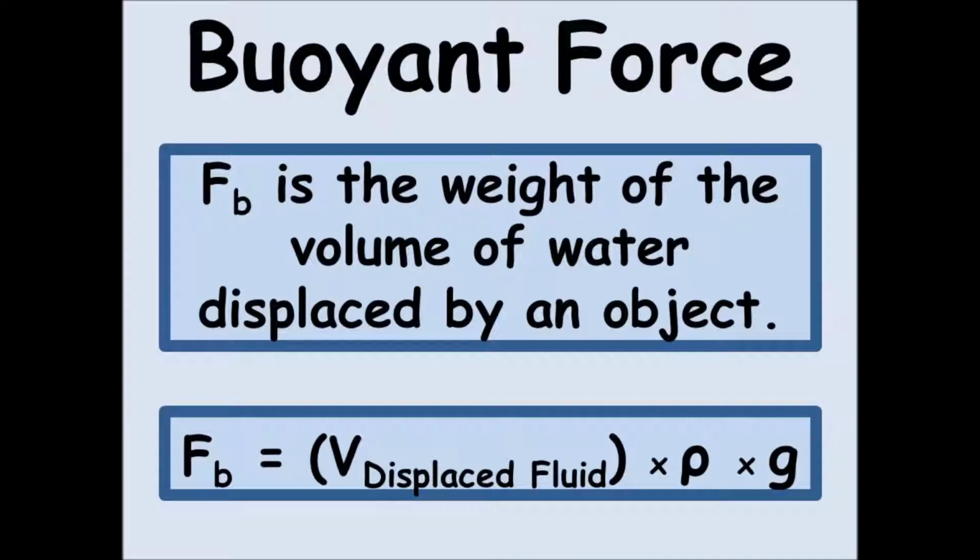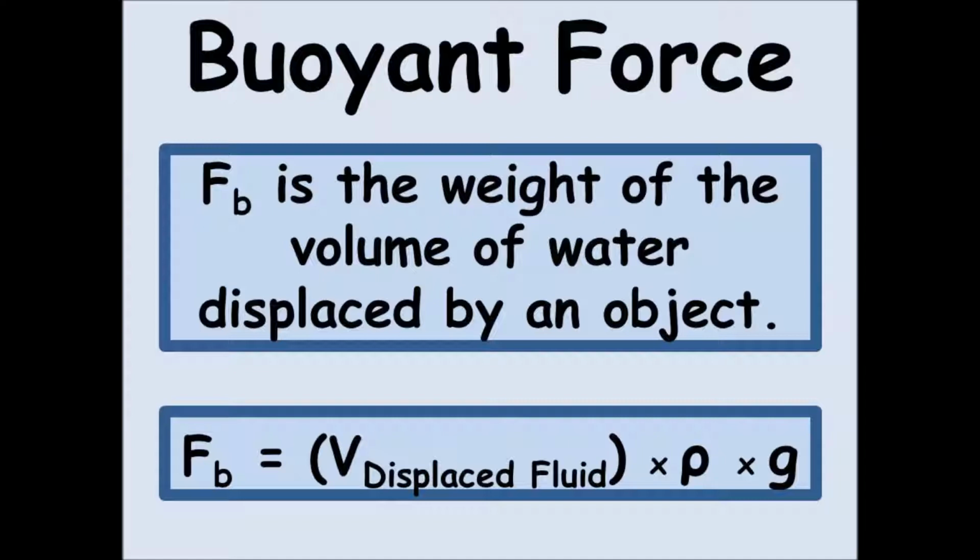Pretty important topic. One of the major laws or principles in fluid dynamics. The buoyant force of material is the weight of the volume of water displaced by an object. Will you please imprint this on your brain? Buoyant force is the weight of the volume of water displaced by an object.